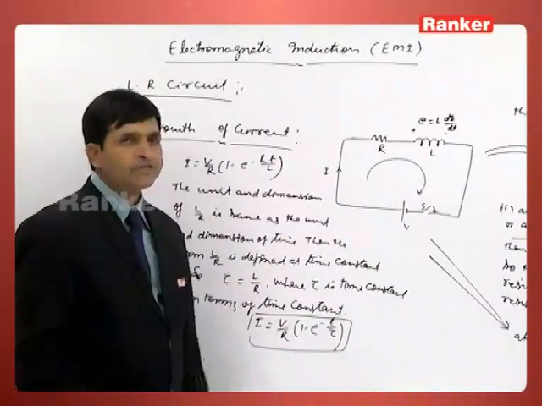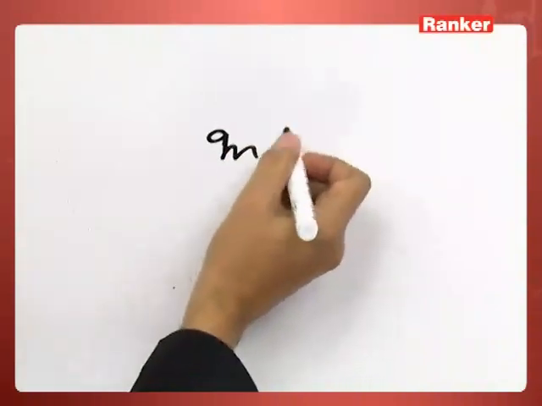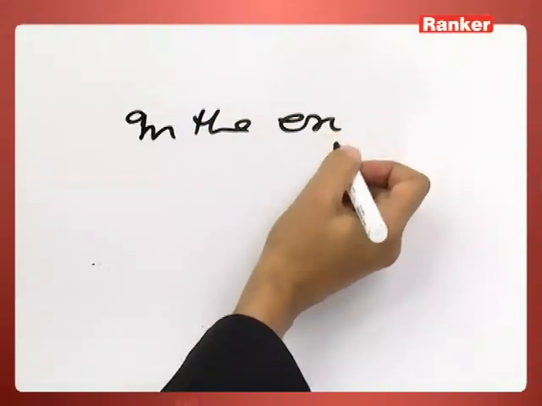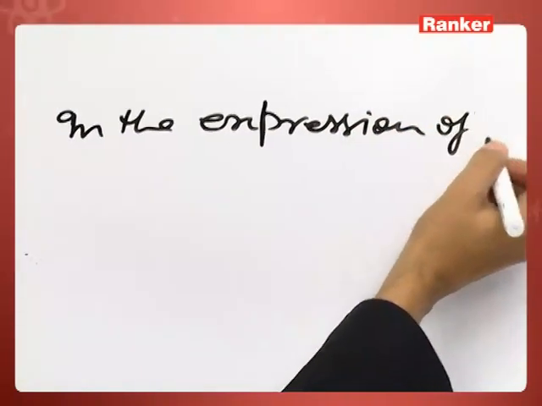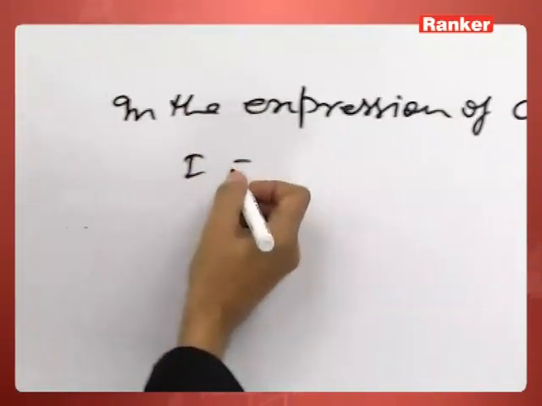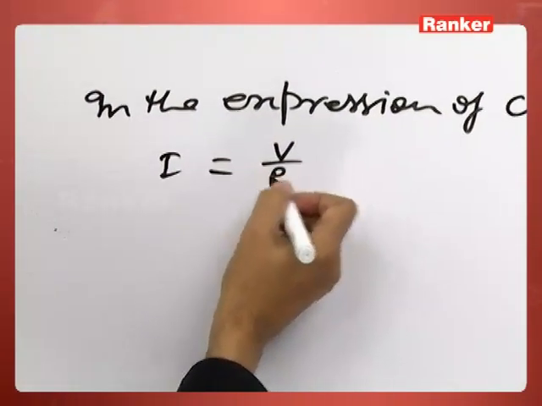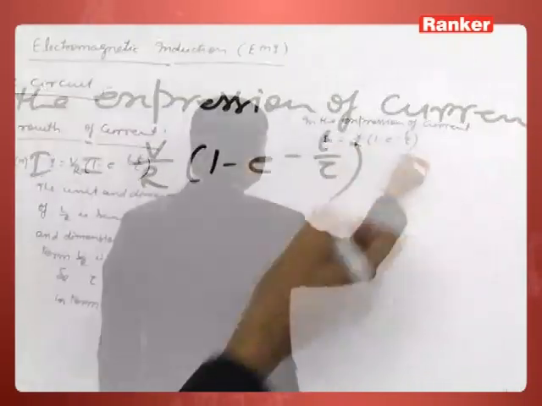Now, how are we defining the time constant? See, in the expression of current, I is V by R times 1 minus e to the power minus t by tau.